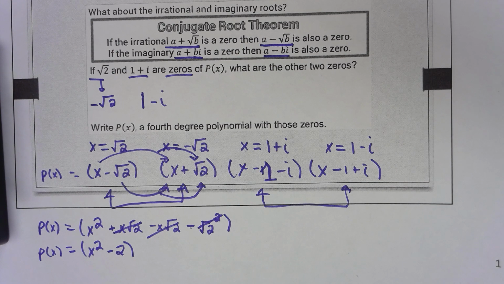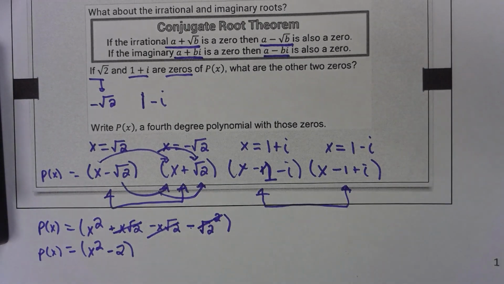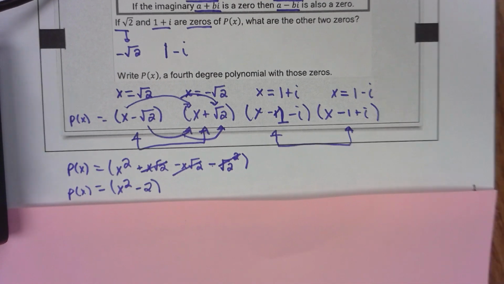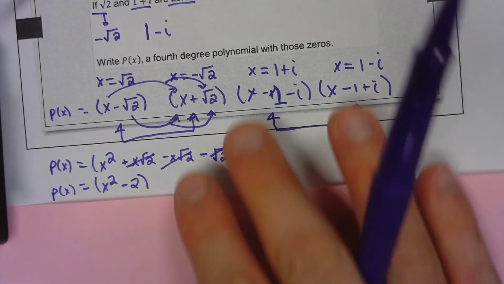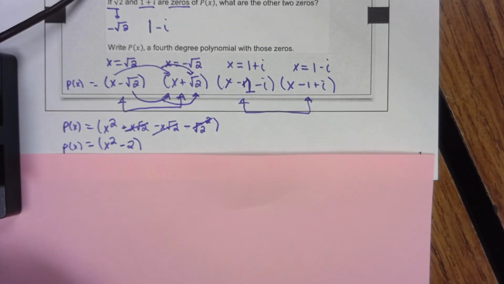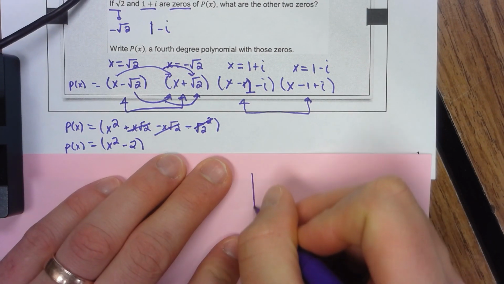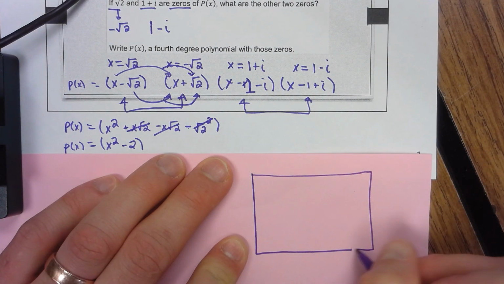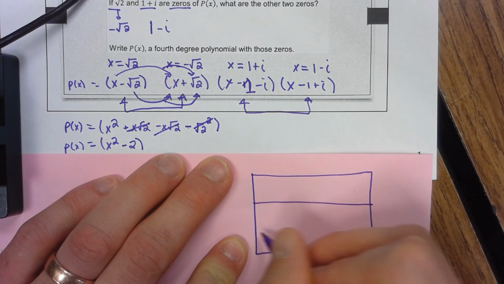I think our best way to multiply these here is using that area model. So let's set up what that would look like, because we have 3 different terms being multiplied by 3 terms. If we use this area model, there's 9 different terms we're going to end up with.